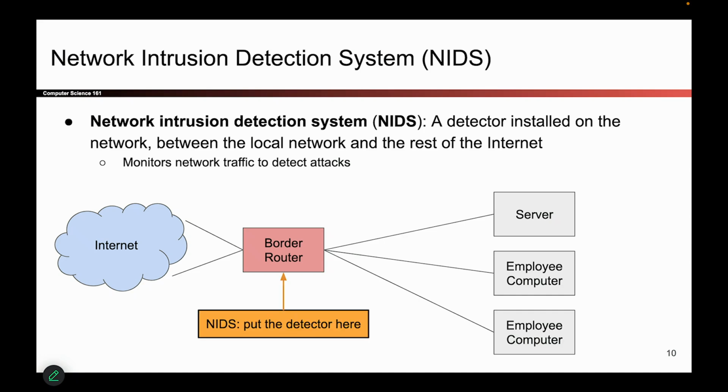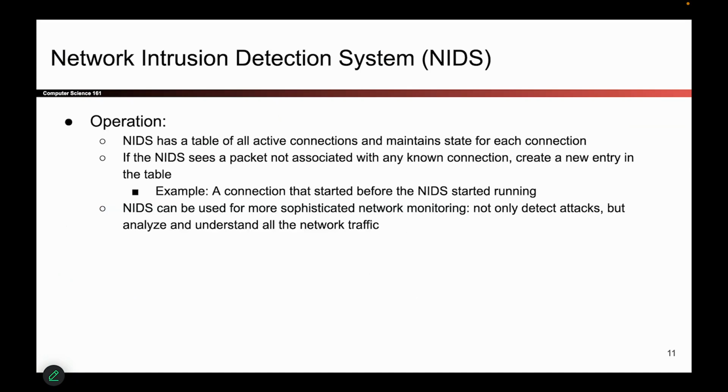So let's put it there, and now let's think about what the operation looks like. So somewhere in that router, we have some piece of code, the NIDS. It's keeping track of what connections are going on. And if it sees some packet that it doesn't recognize, maybe it's part of a new connection. And now we can use those connections to think about what attacks are happening. If something goes wrong, we can alert that this connection is malicious so that the operator knows.